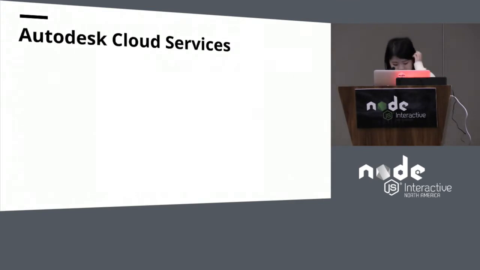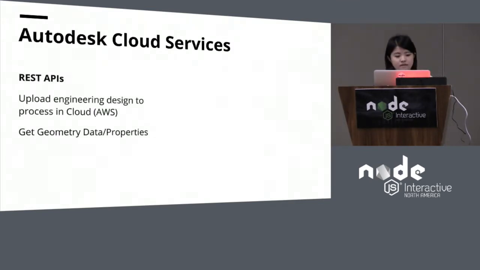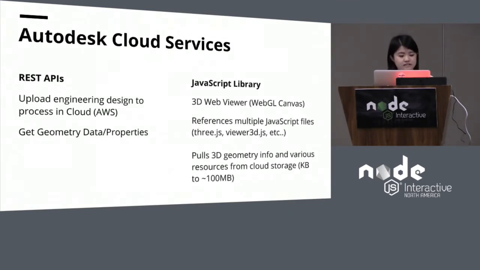What we did in my job with Autodesk Cloud Services is that we had a REST API where you upload your engineering design data to process in the cloud, which we deployed in AWS in the US, which doesn't work well in China. You also download the geometry data and properties, which are very, very large files.